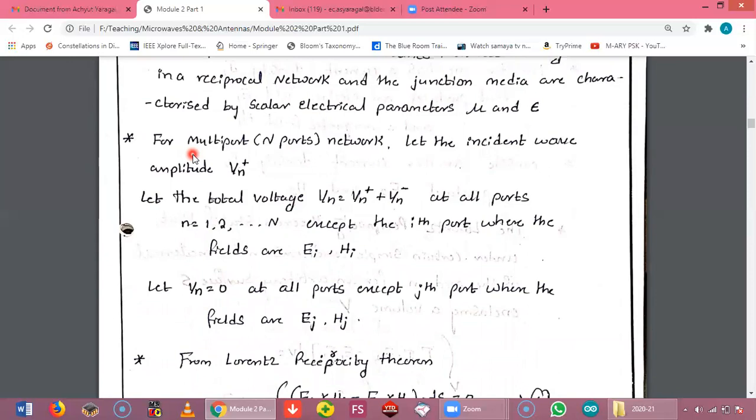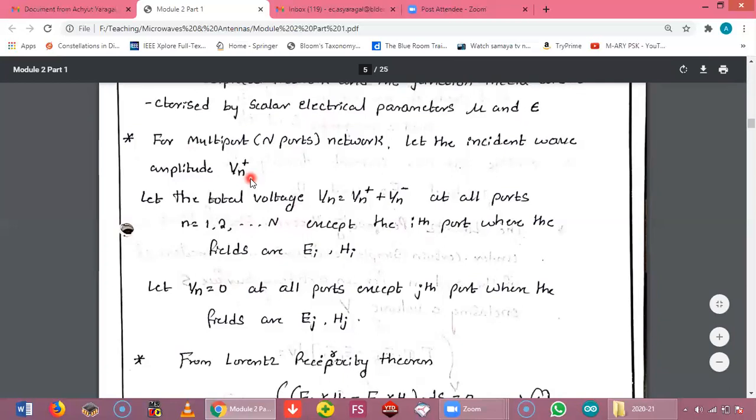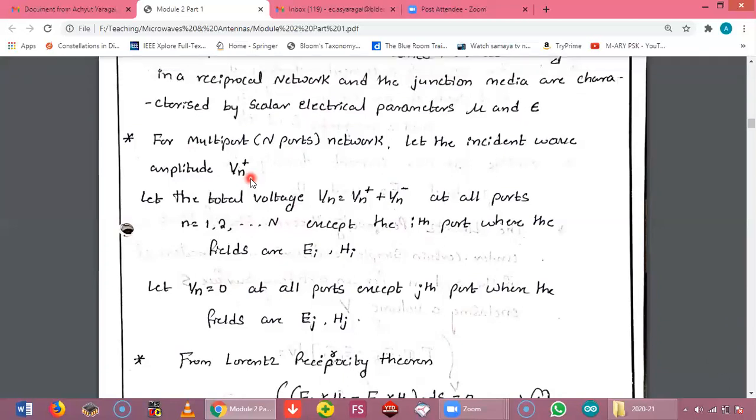Let the incident wave amplitude be Vn plus. I already told you the incident wave is represented as V plus. So the incident wave amplitude is written as Vn plus, for the N ports.